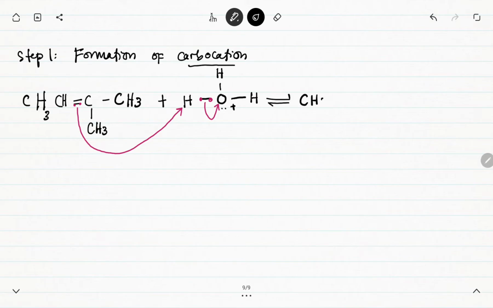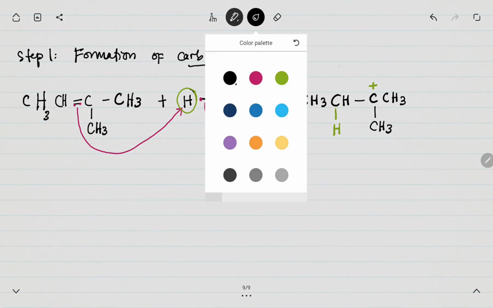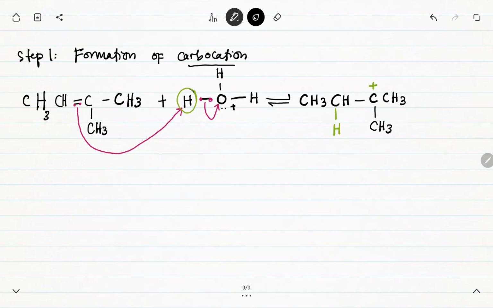So for the final product we draw CH3, CH, with the double bond becoming a single bond. So we have a CH3 and a CH3. We must know the hydrogen here must be added to the carbon-carbon double bond following the Markovnikov rule, meaning hydrogen must be added to carbon number 2, while the carbon at number 3 here will become the carbocation. Now clarify the class of this carbocation.